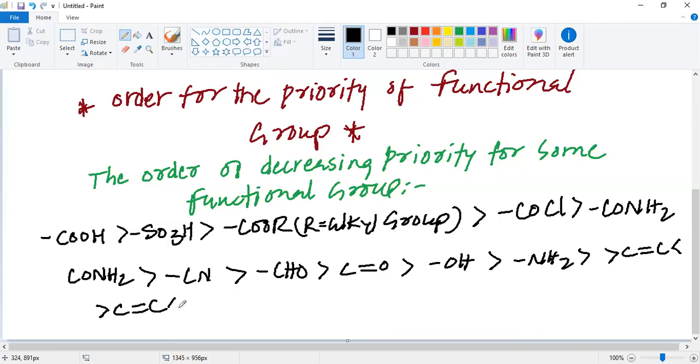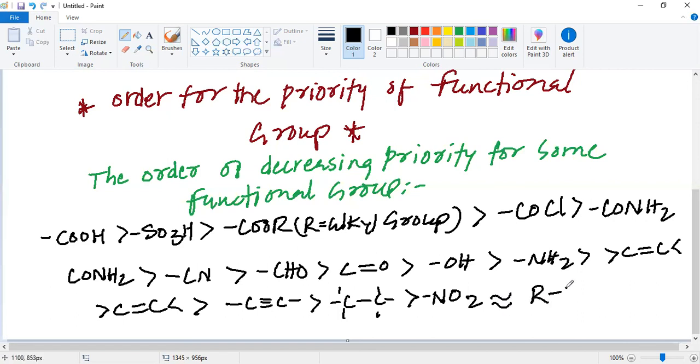Alkenes are more prior than alkynes. Alkynes are more prior than alkanes. Please remember. Alkanes are more prior than NO2 and ethers, which are equally prior, but that priority is less than the alkanes.